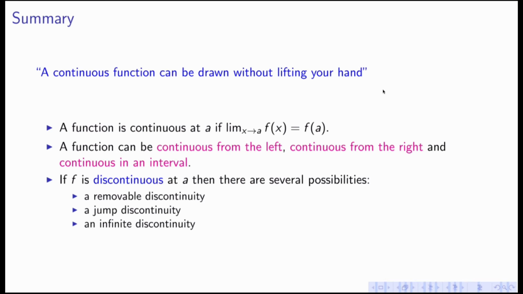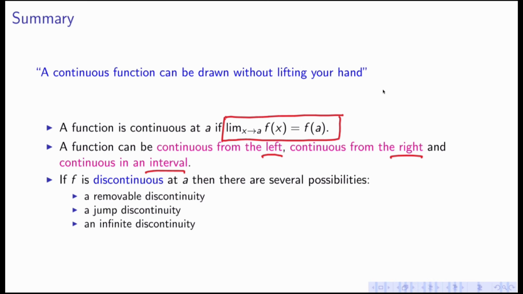So let me summarize. A continuous function can be drawn without lifting your hand. A function is continuous at a, which we define by a limit expression, if the limit x to a f of x exists and equals f at a. A function can be continuous from the left, continuous from the right, continuous in an interval. Now if it is not, then we have discontinuities, and they can be classified even.